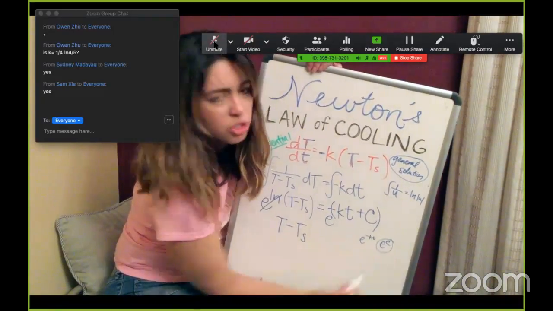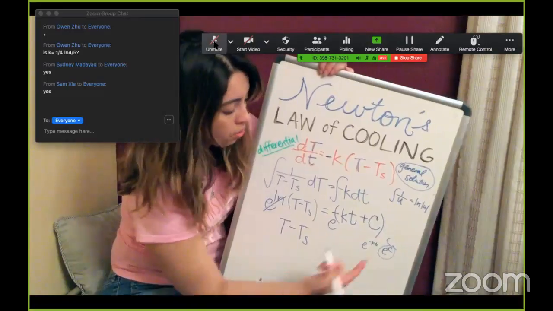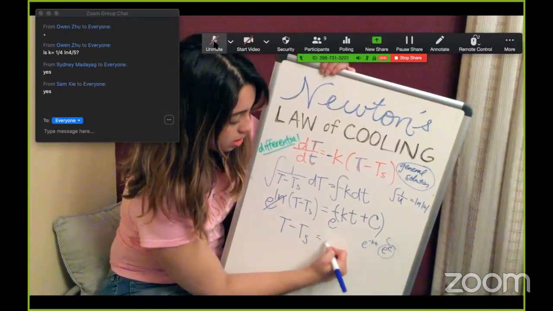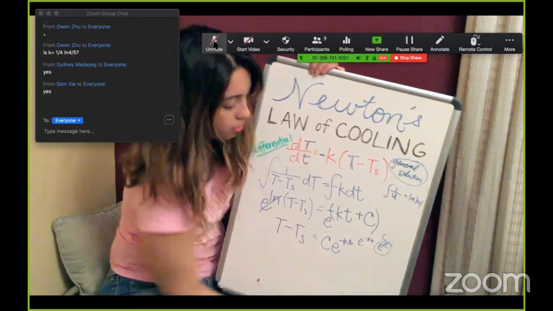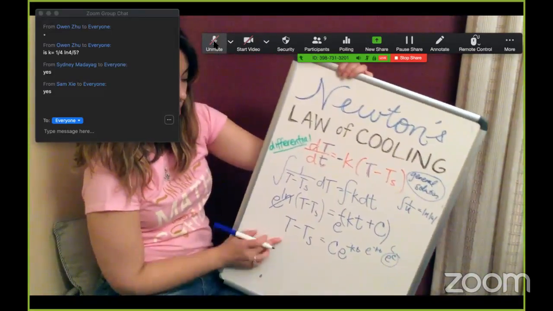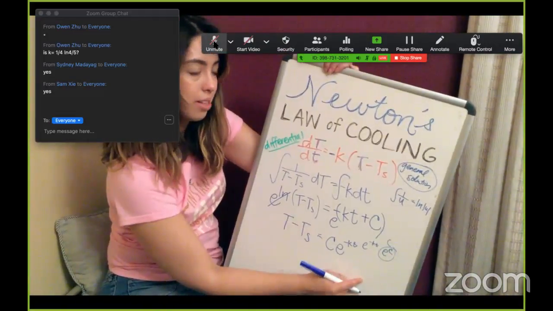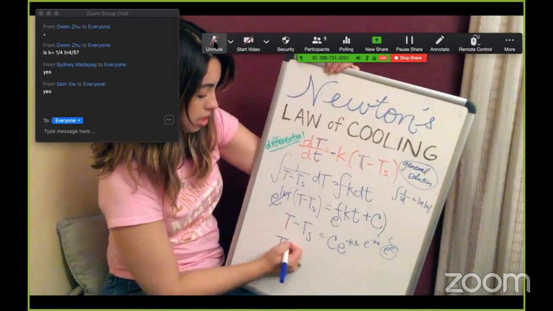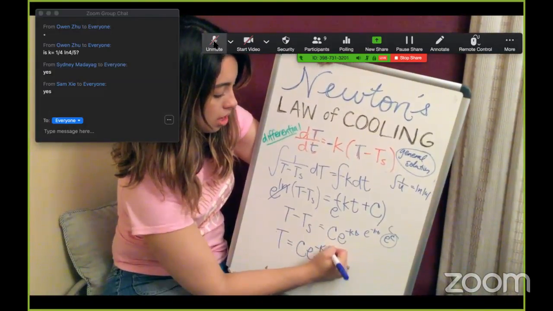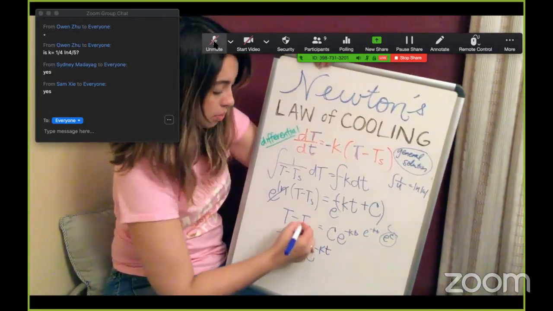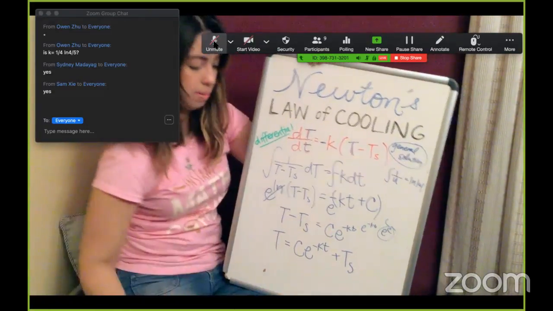E to the c is just going to be a constant, so we can replace that with a c. Really, this just becomes c times e to the negative kt. The last thing we want to do to be able to solve for T is add this T sub s to the other side. So T equals c times e to the negative kt plus T sub s.